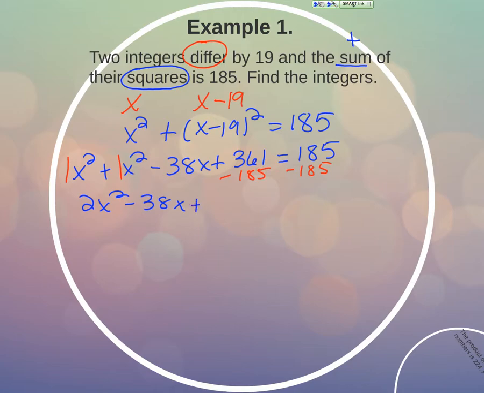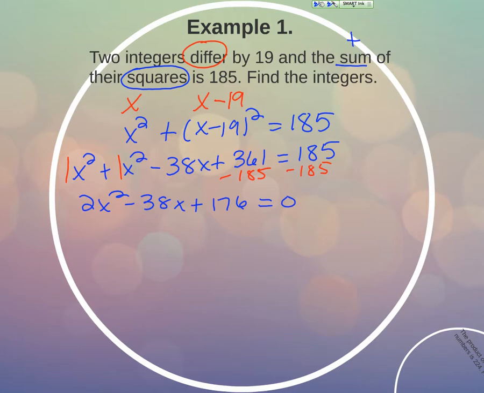So I have plus 176 equals 0. Now it's your choice. If you want to FOIL, if you want to factor it, if you want to complete the square, or if you want to use the quadratic formula.